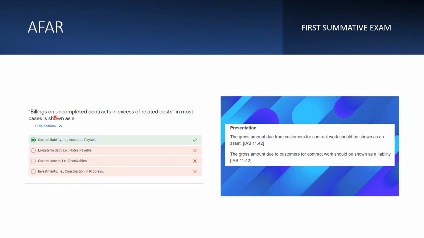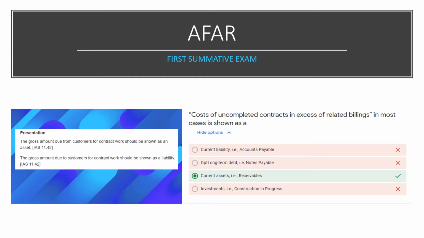So billings on uncompleted contracts in excess of related costs in most cases is shown as a current liability. So it's a current liability, no? So it's actually the billing. So yung mga nakolect natin is more than our construction in progress account. So that is a current liability. Okay, so our cost of uncompleted contracts in excess of related billings.